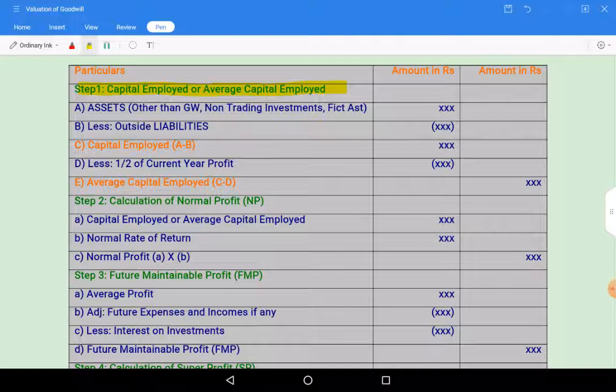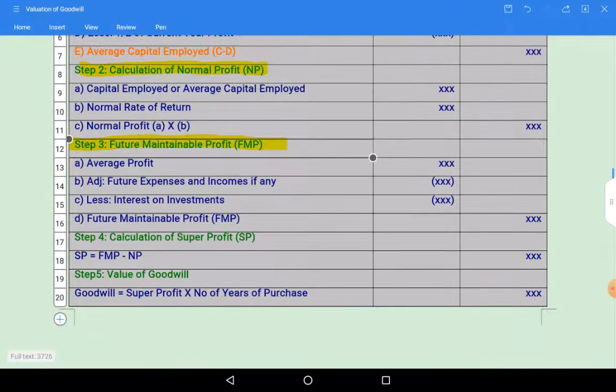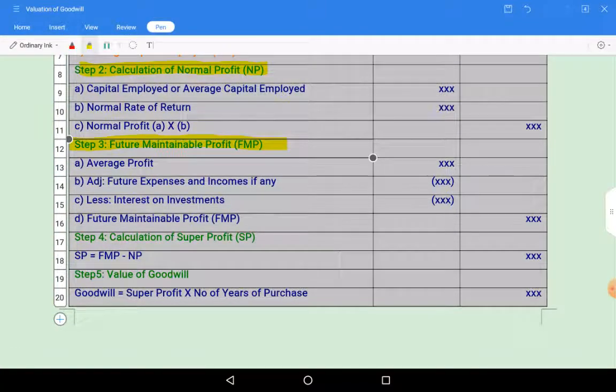When to calculate capital employed and when to calculate average capital employed, we will discuss later. Step 2 is normal profit. Step 3 is future maintainable profit, and step 4 is super profit. Step 5 is value of goodwill. So these are the 5 steps.